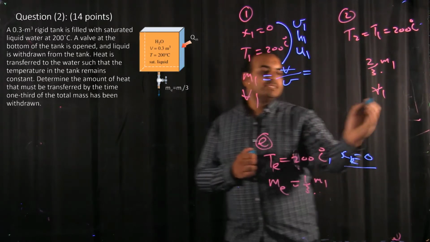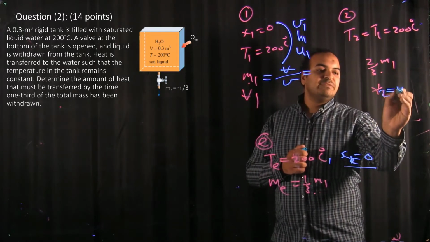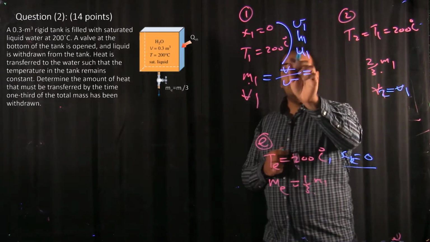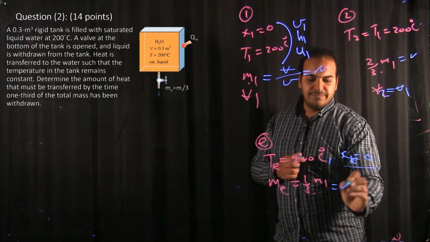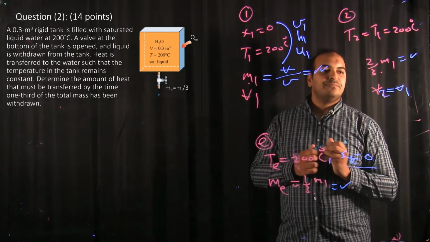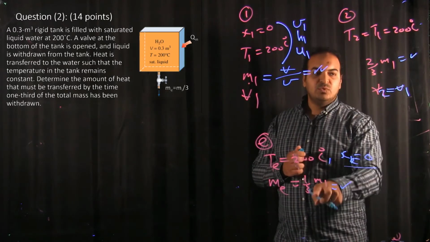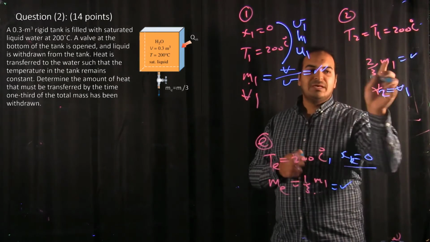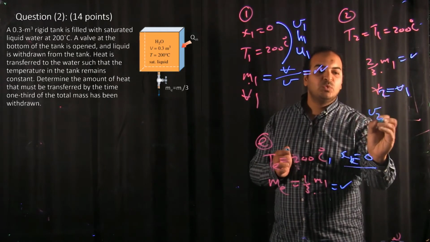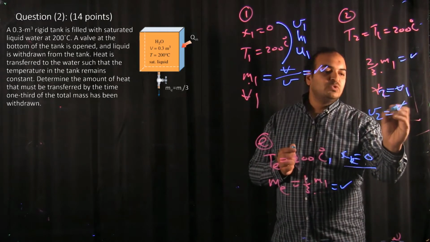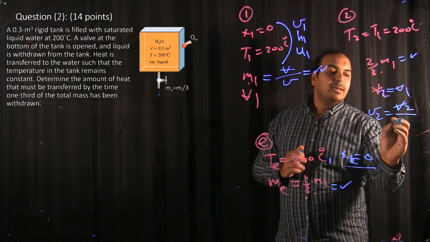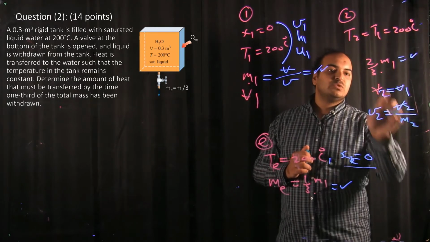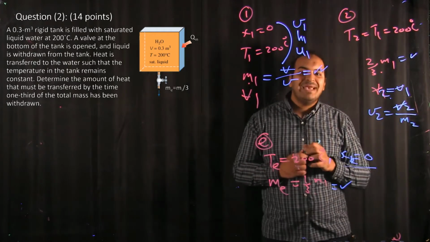And this volume 1 is equal here, so V2 is the V1. Once you get M1, you get M2, you get M exit. All the masses are now given. And also you get V2, which is the specific volume 2, which is the constant volume, because this is a rigid tank, over mass 2, which is 2/3 mass 1, the remaining mass in the tank.